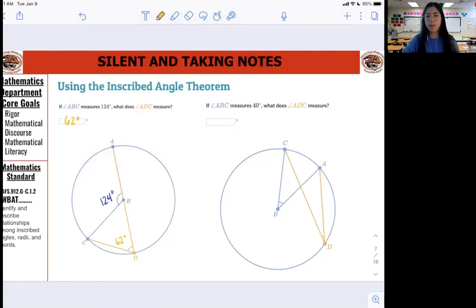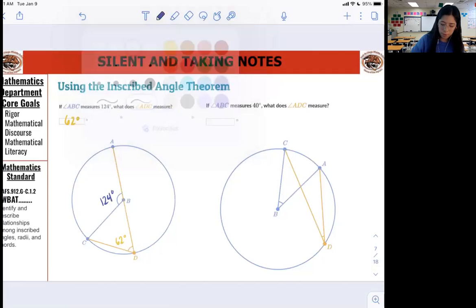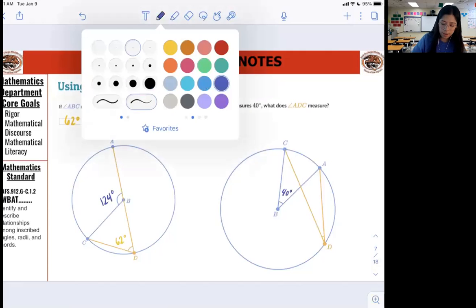Questions on number 1? Okay, number two, similarly, you have to kind of do it backwards this time. If they give you ABC, which is 40, how much is ADC?